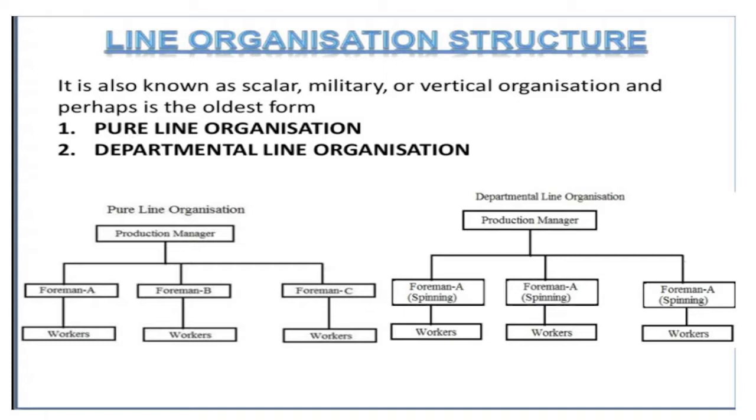So one spinning is one department. In that, production manager, spinning department, and associated workers are the subordinates. So line organization is a vertical organization which is like scalar and military type organization, and which is the oldest one. And there are 2 types, one is pure and the other departmental.